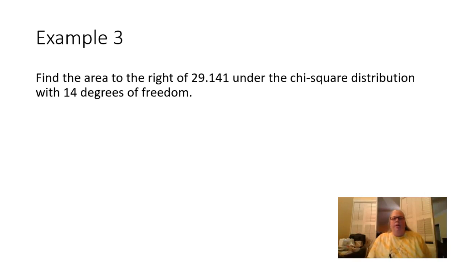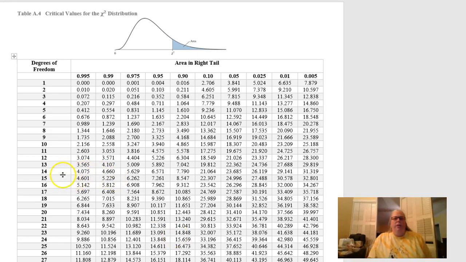So when I pull up the chi-square table, I'm going down to line 14, and I'm looking for 29.141. Let's see, that's 7.7, 21, 23, 26. Here it is, 29.141, and the area should be right here at the top of this column, 0.01.